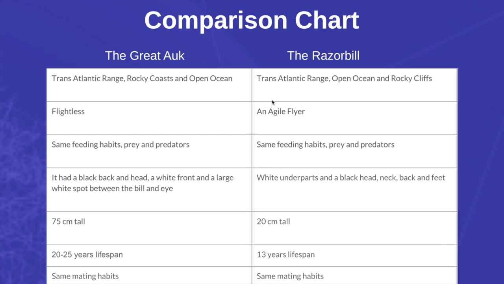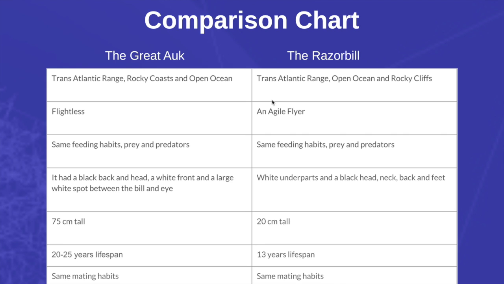Then I made a comparison chart based on their behavior and habitat. So the great auk and the razorbill are part of the same habitat range. They're both in the transatlantic range, and they live on rocky coasts and rocky cliffs, and they also swim in the open ocean.